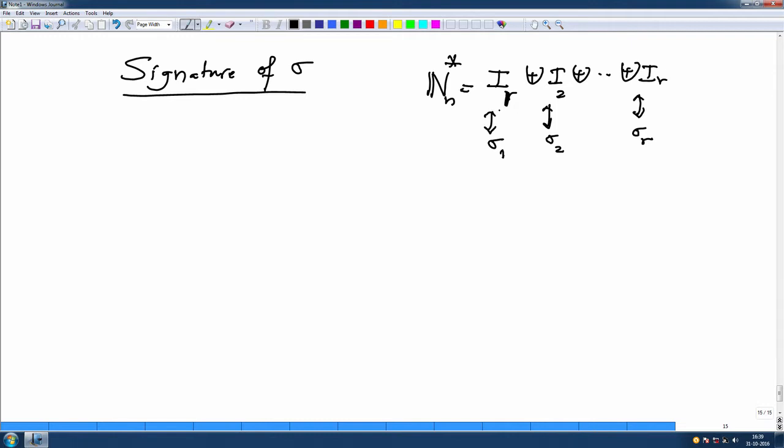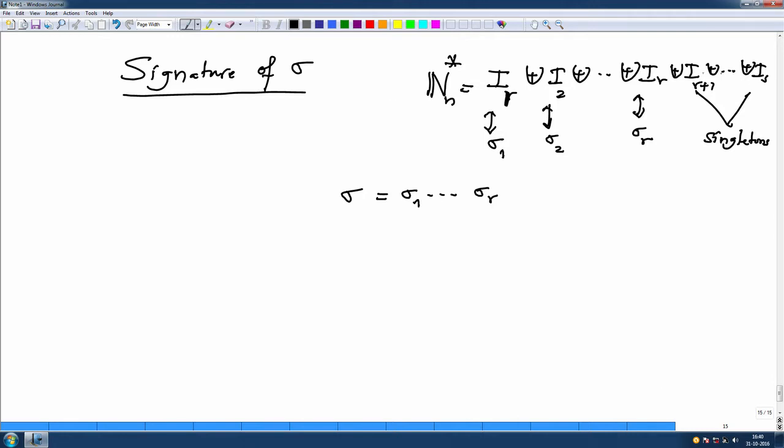Then the singletons, I(r+1) disjoint union up to Is, and these guys are singletons. So they do not contribute to the cycle decomposition. The canonical cycle decomposition is sigma 1 to sigma r. They do not appear because they correspond to the identity.